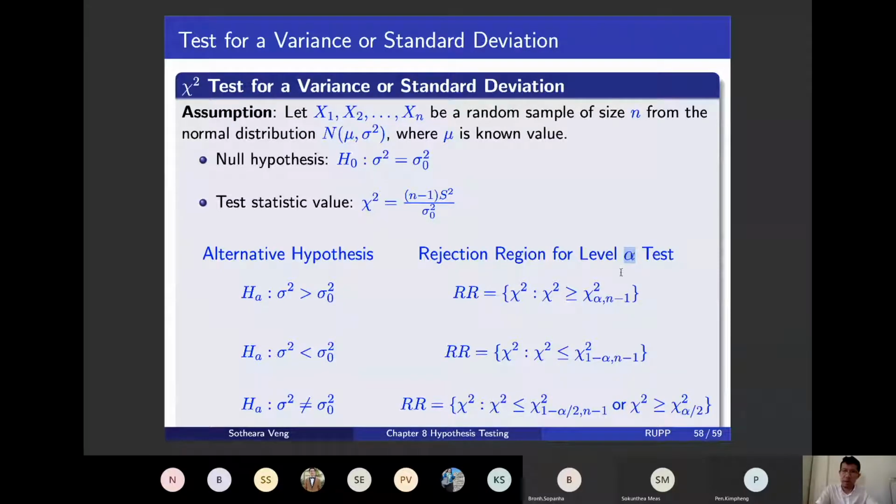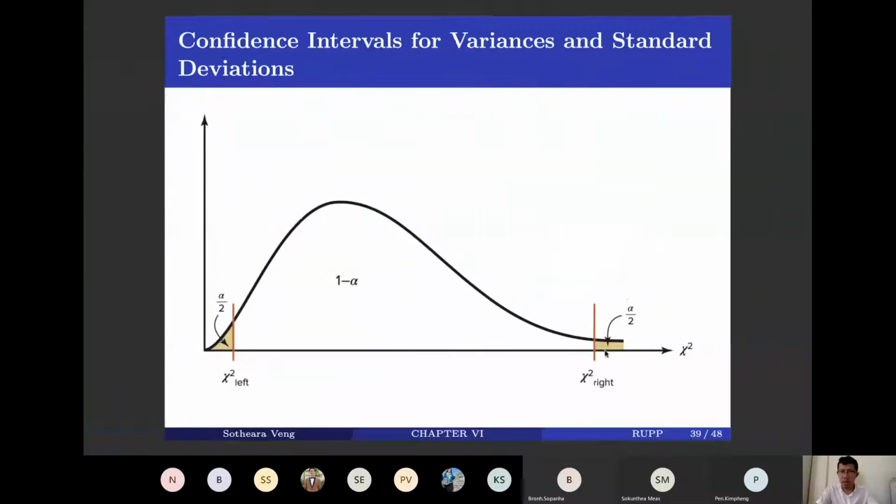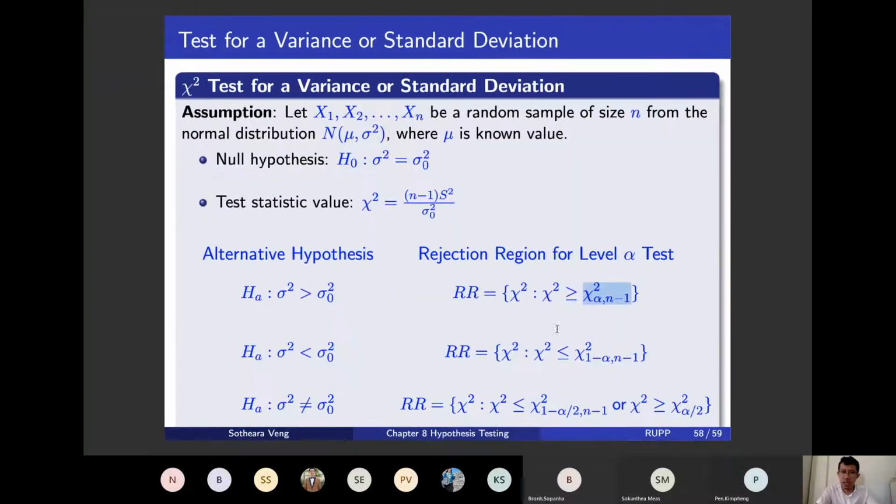So when you have only this, it is the right test, or the upper tail test. So what does it mean? Instead of calling it chi-square, in this case I just call it chi-square alpha, n minus 1.